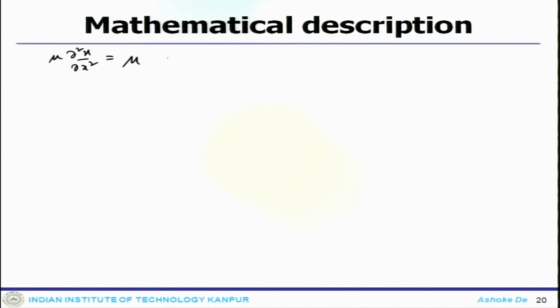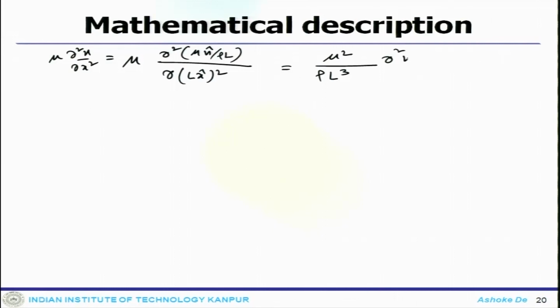That would be mu del 2 u hat by rho L square, so finally it becomes mu square divided by rho L cube del 2 u hat by del x hat square.